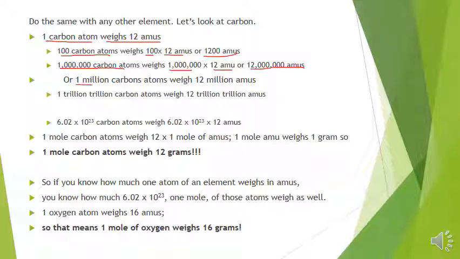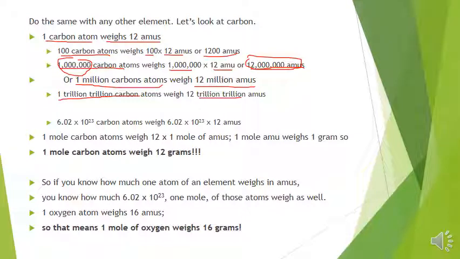Hopefully you see that. You could go up to a trillion: a trillion carbon atoms weighs 12 trillion AMUs.